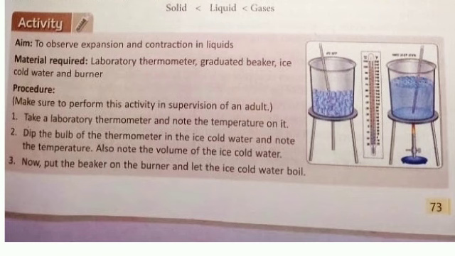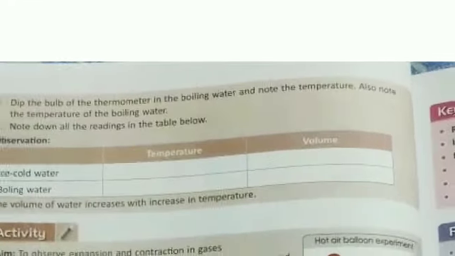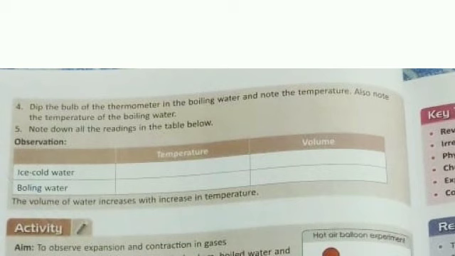Now put the beaker on the burner and let the ice cold water boil. What will happen? Then dip the bulb of the thermometer in the boiling water and note the temperature.